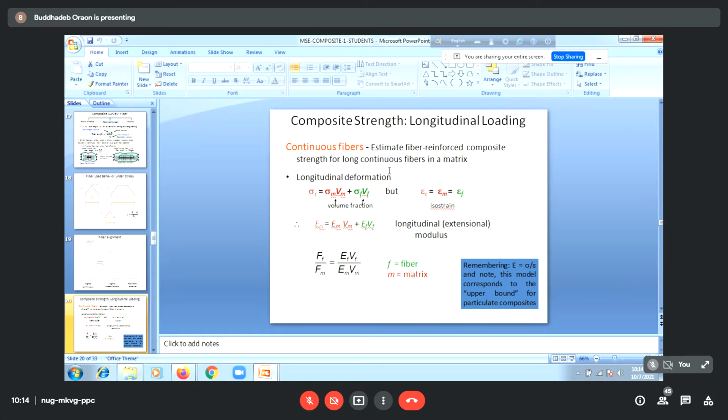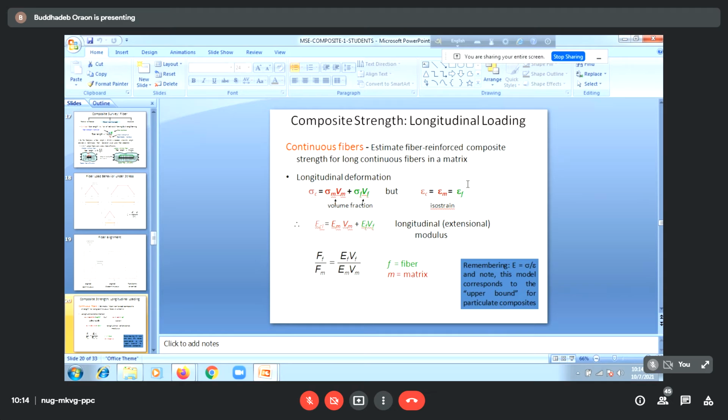Now while deriving this, you must take into consideration some assumptions. I will just mention here the assumptions that are considered for deriving these expressions. Number one, the fibers are uniform in properties and in direction.